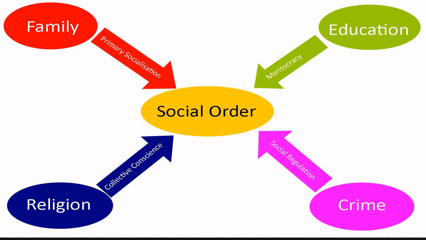So somehow the existence of criminal activity, okay, will test the kind of policy, the kind of laws, the kind of government that we have. So that is the idea of the functionalism theory.